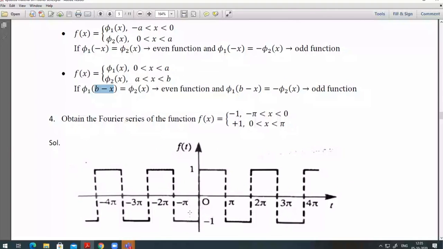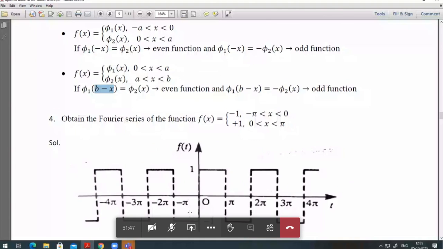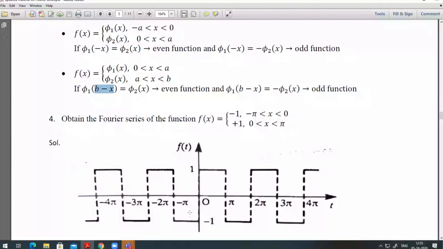And to verify whether this is odd or even, let me denote phi1 as minus 1 and phi2 as plus 1.